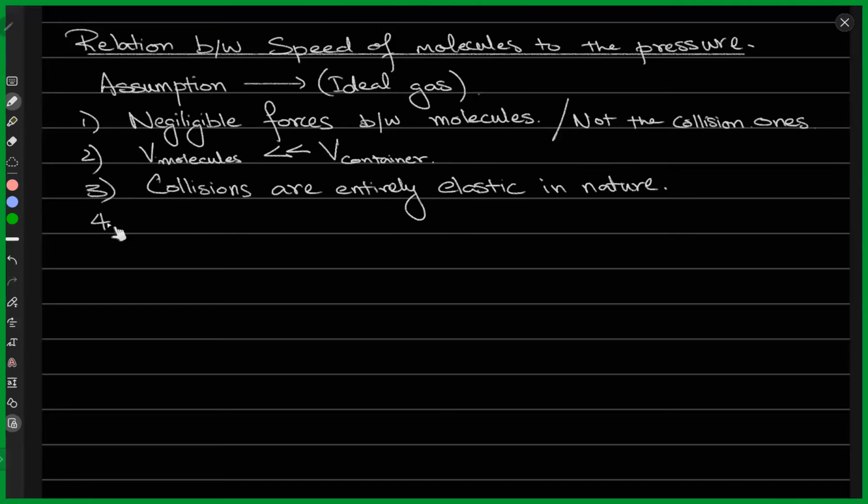And the fourth assumption would be this: when you have these molecules, they're going to collide, right? When these molecules collide, we'll assume that the time spent when they were interacting with each other is very small compared to the time between two successive collisions.